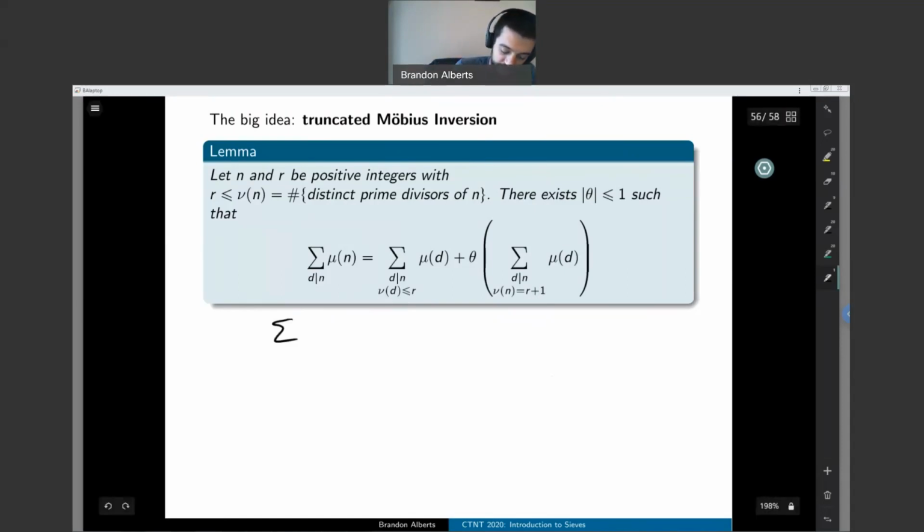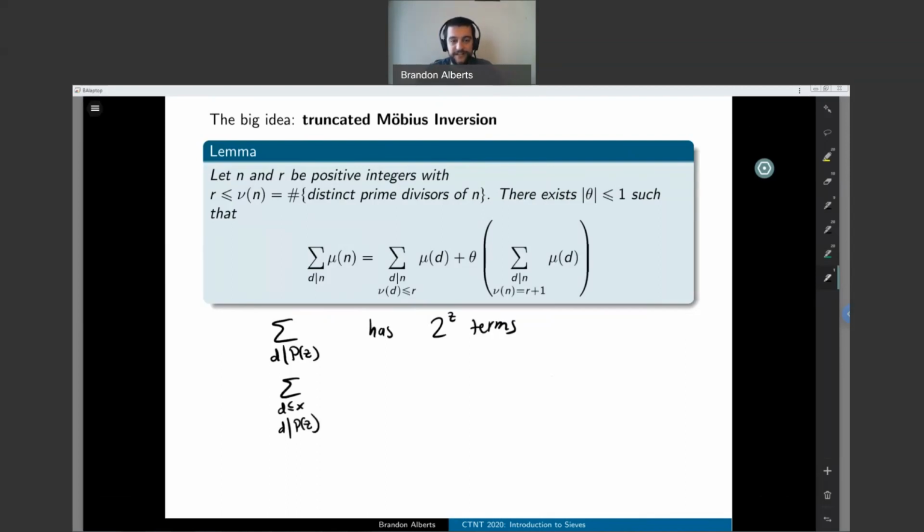Well, let's look at this progression of ideas that we did with the sieve of Eratosthenes. This sum, the one we started with, has 2 to the z terms. This is something we decided was a bad sum. It was too big because 2 to the z is a very large error term. So to improve this, we said, okay, let's truncate this and only look at d less than or equal to x, where d divides p to the z.